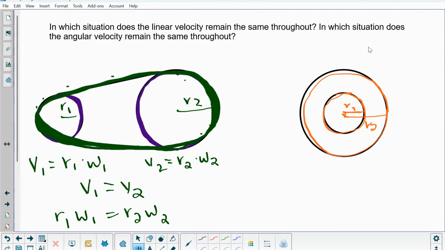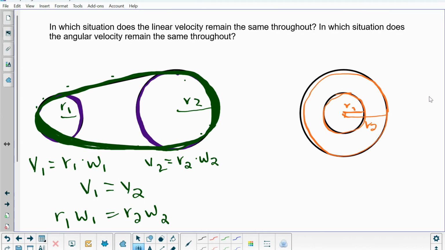If you remember from when we talked about this in class, the person on the outside has to walk a lot faster to keep up with the person on the inside. The person on the inside is making the angle spin, so everybody's moving at the same angular speed.